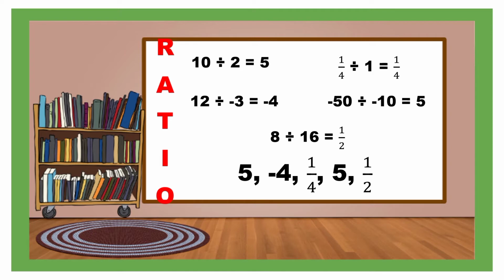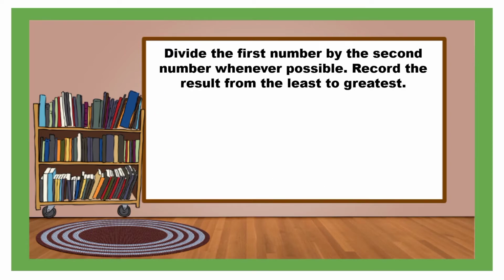And now, let's explore the next activity. Divide the first number by the second number whenever possible. Record the result from the least to the greatest. Number 1, 54 and 3.